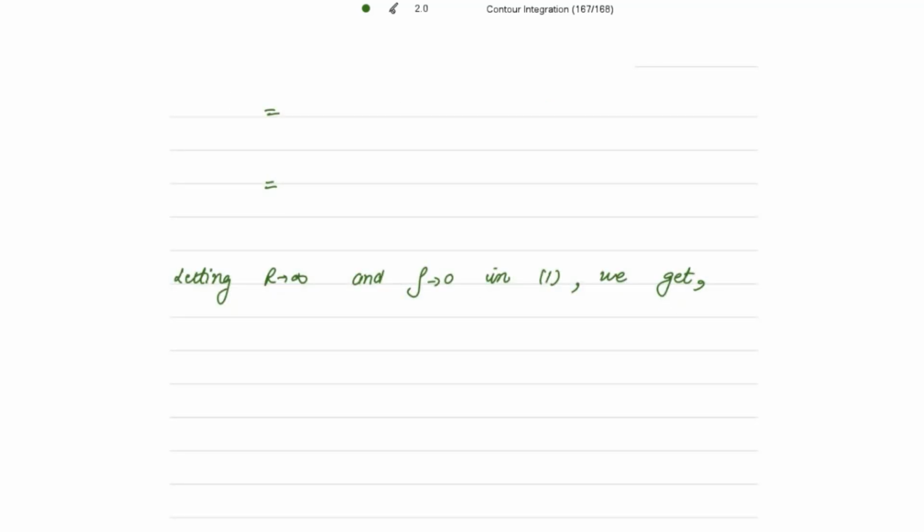So this is equal to negative pi iota limit z is tending to 0 of e to the power iota z over z square plus a square. So this is equal to negative pi iota times 1 over, just put z equal to 0 over here, this is 1 over a square. Here a is another variable, right?